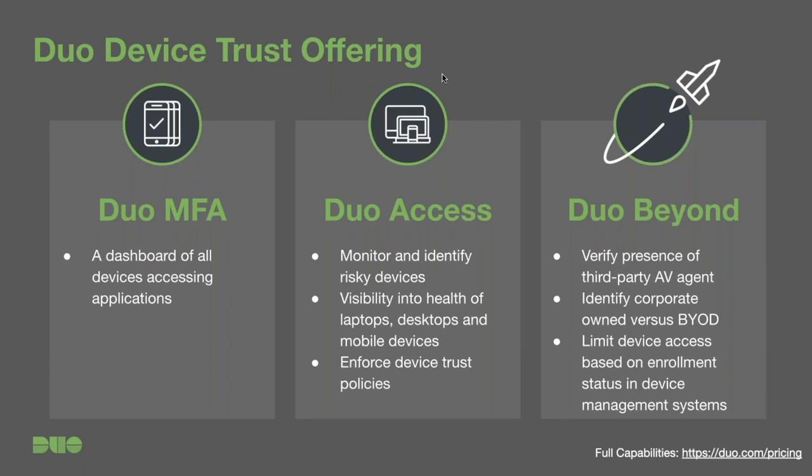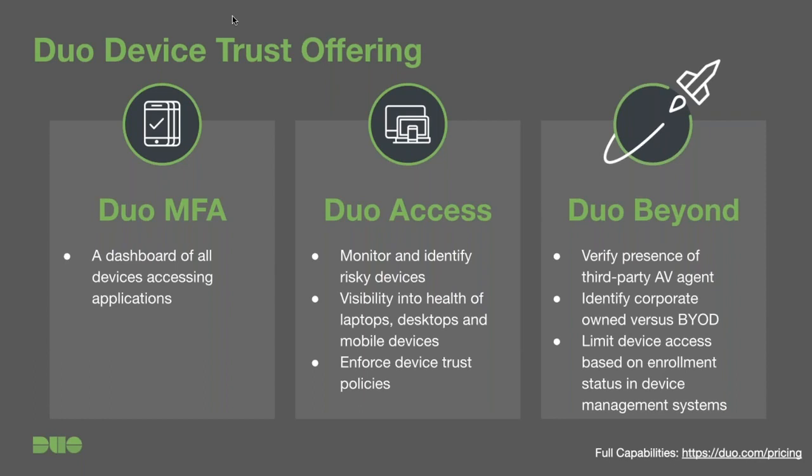Our basic MFA just shows you the dashboard of all devices accessing your applications. Access is a tier above, and this allows you to monitor and identify risky devices and actually set policy around the health of the device, the security posture of a device, allow, block, self-remediation. All of that comes in Access.